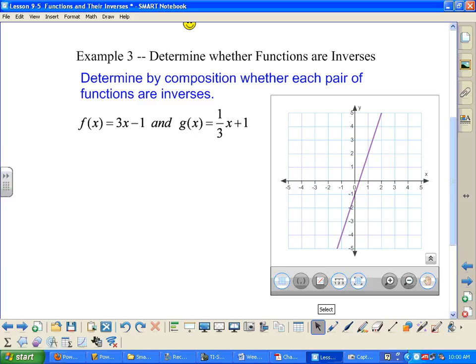So we have a y-intercept of 1, and the slope of 1/3, which means I go up 1 and over 3. If I draw the line through them, we need to determine whether those are inverses or not. Do they look like inverses?